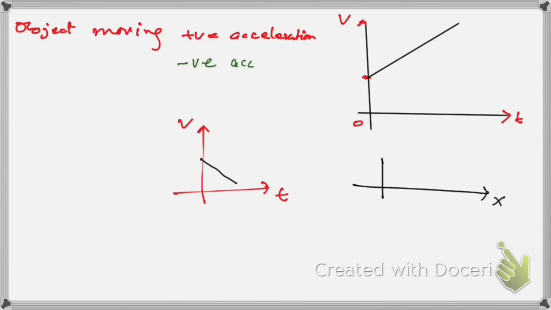Suppose an object is moving with a velocity towards the positive x direction, and its velocity is decreasing. That means it has negative acceleration. Velocity is decreasing, and at a point it reaches v equal to 0. The velocity is 0 meter per second. Then it returns backward, coming back in the opposite direction. Now velocity starts increasing in the negative direction, right?